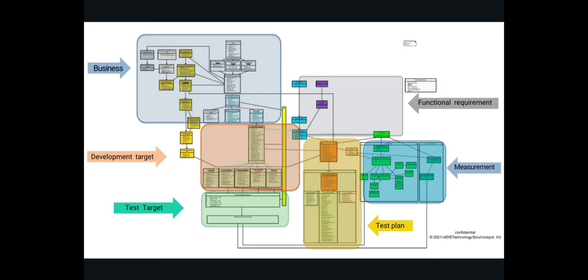Fourth group, test plan group, that contains test information, such as test name, test type, and so on. Fifth group, functional requirement group. Sixth group, measurement group, that contains measurement data.